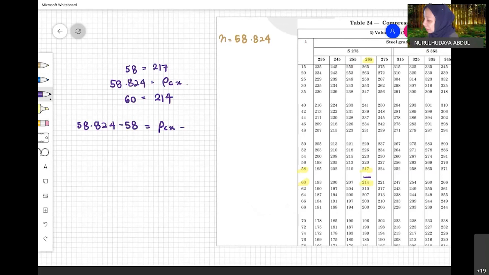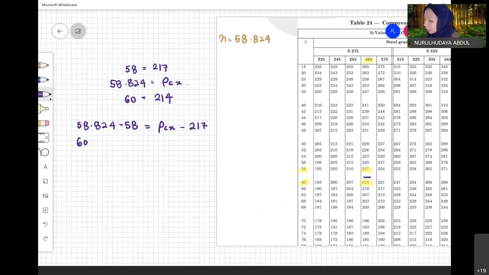PCX minus 217. So bila 58.824 you dah tolak kat sini. Sini dah tolak yang ni. Yang PCX minus yang sebelah kanan ni pun sebab dia equation you kena tolak bahagian yang sama dengan atas ni juga.